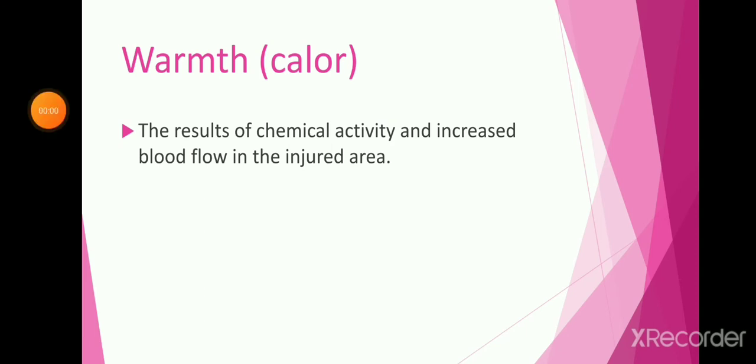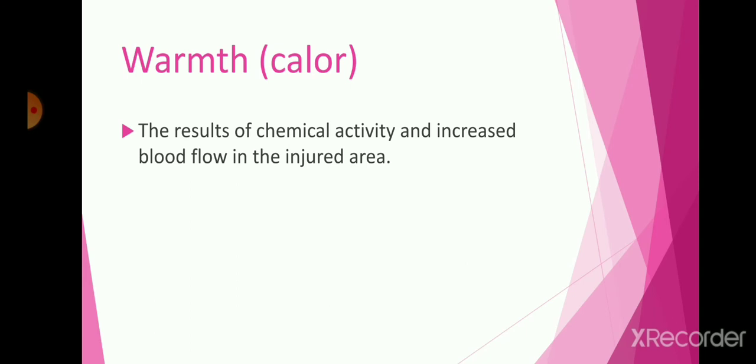So the second sign of inflammation is warmth, which is called calor. Because of excess blood supply, there is a slight elevation in temperature of the affected part, resulting in warming of the tissue compared to the rest of the body. This is the result of chemical activity and increased blood flow in the injured area.